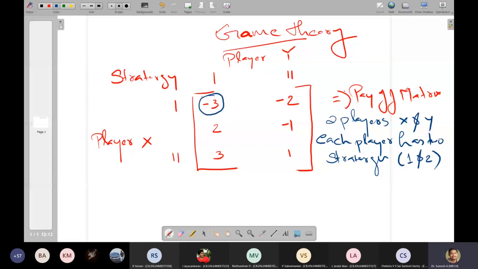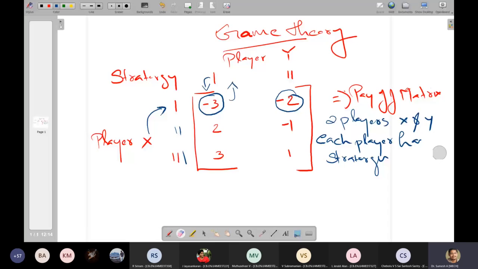Sorry, I made a mistake. This is 2 and this is 3. Each player does not have two strategies here, so that was wrong.